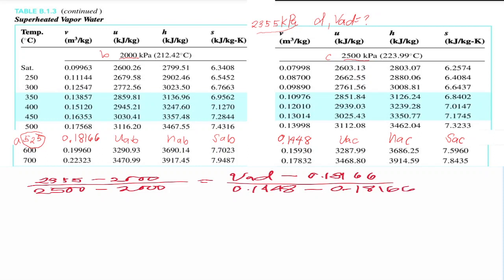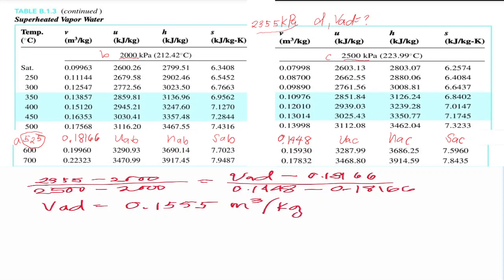So therefore, the value of your VAD is equals to 0.1555, which is in meter cube per kilogram.